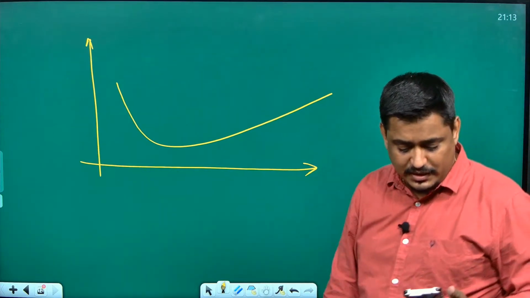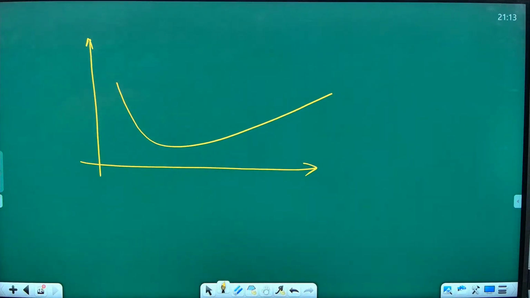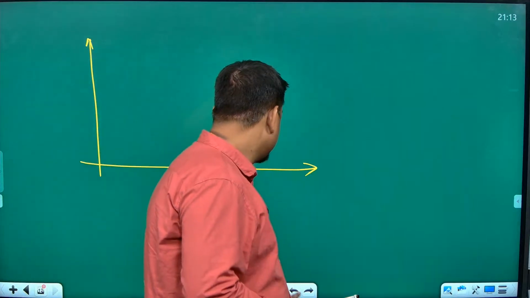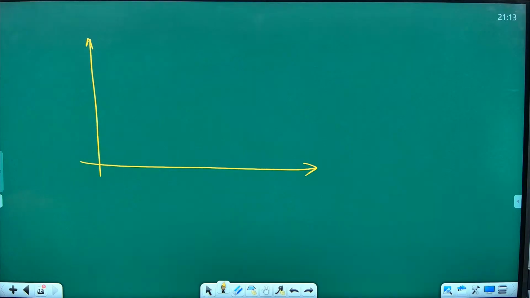Write the question: for a particular prism, at I equal to 32 degrees, where I means angle of incidence, delta is equal to delta minimum.